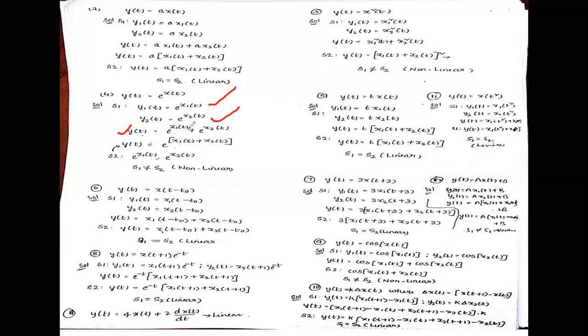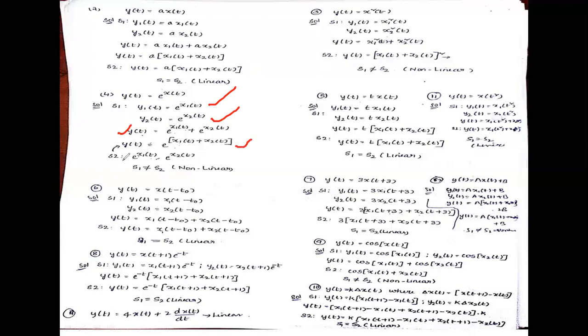Okay, it is a plus here, my dear students, remember. And in step 2, the given x of t is added in the power only, x1 of t plus x2 of t.